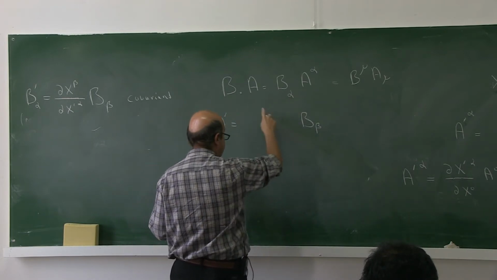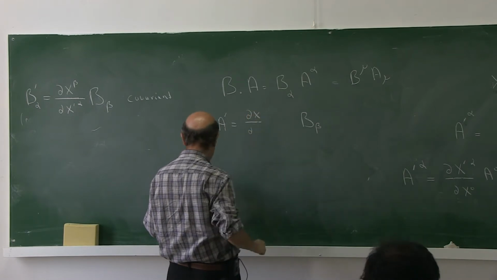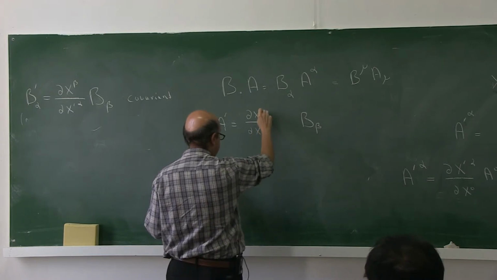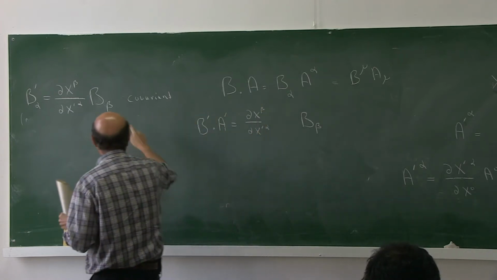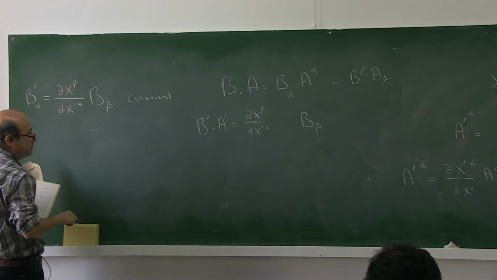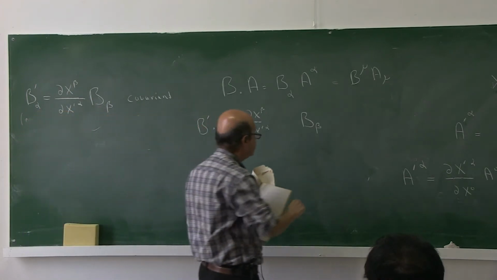So beta and beta will be summed up and left with alpha. This is the covariant transformation, del x beta over del x prime alpha. And here the index is up.